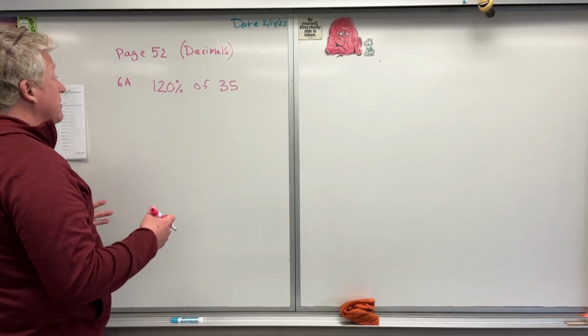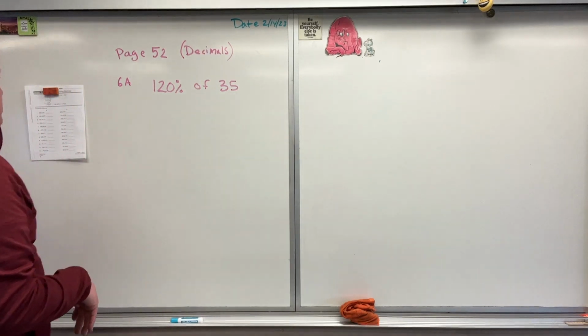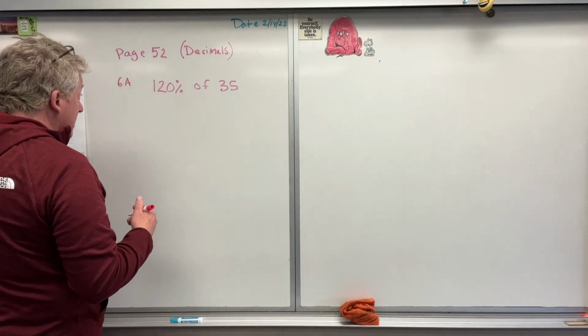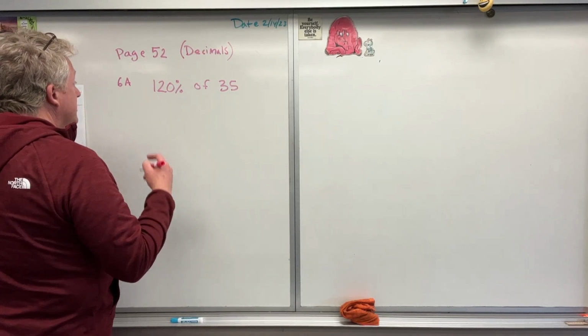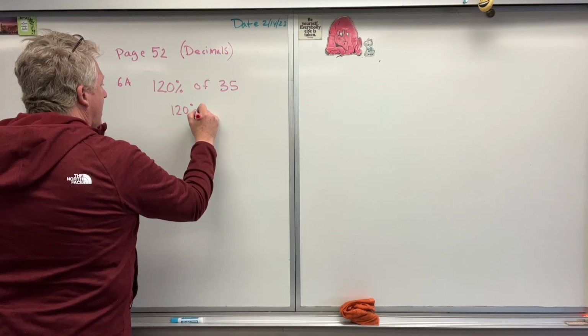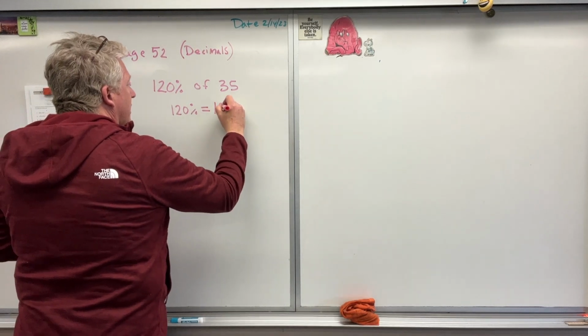All right, so instead of turning these into fractions to solve, we're going to turn them into decimals that we can work with, all right? So 120% as a decimal is 1.2.